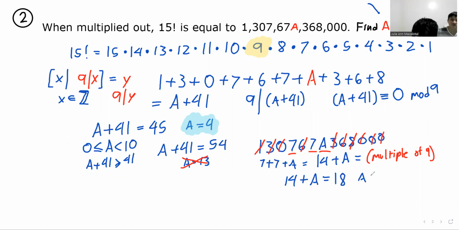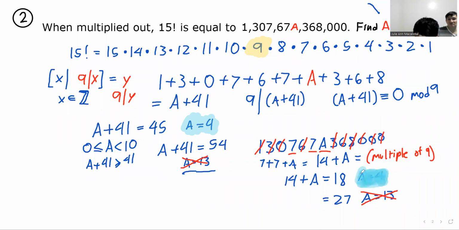So again, a will be equal to 4, but let's say it were equal to 27, the next multiple of 9. Then a will be equal to 13, which again, using the same logic, has 2 digits, so it obviously cannot be a single digit. a is supposed to be just a single digit. So again, we are left with a equals 4. So a equals 4 is really the correct answer.